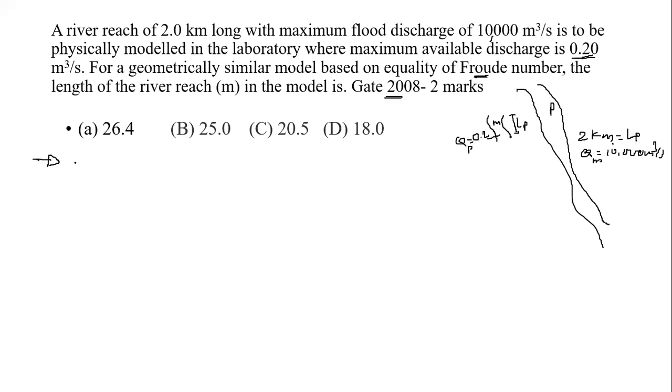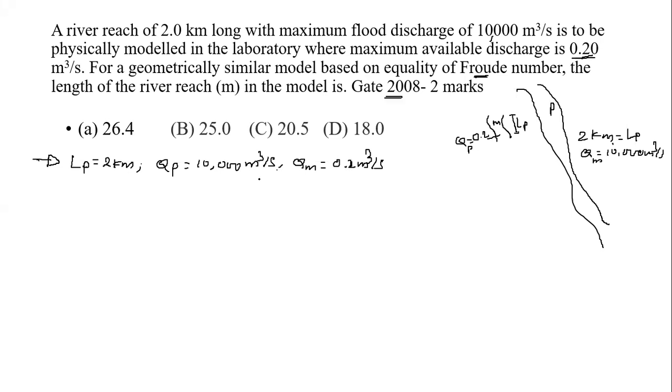Given data: the length of the river, that is the prototype, is 2 kilometers. Then the discharge in the river, the prototype, they have given us 10,000 meter cube per second. Then the discharge in the model, QM, they have given us 0.2 meter cube per second.